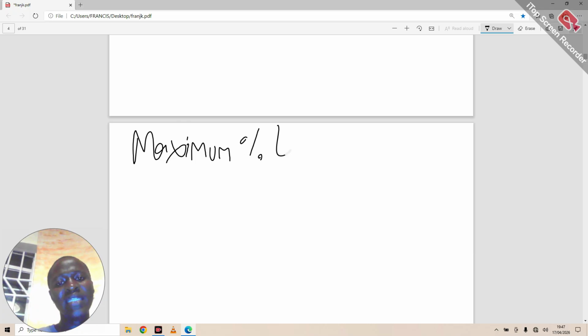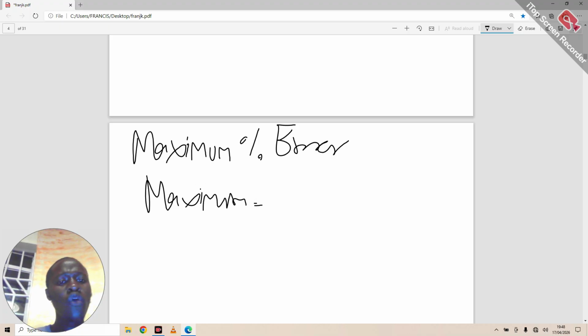By seeing the term maximum percentage error, avoid that direction of getting absolute error in a given number. By just seeing the word maximum, you must know that the way I'll get my absolute error will be different when the word maximum is used.